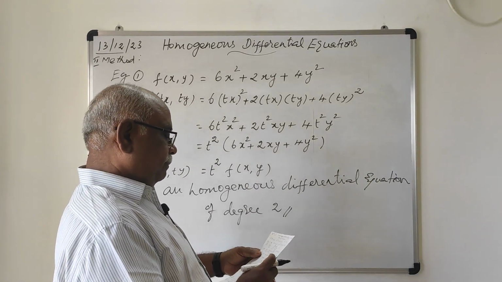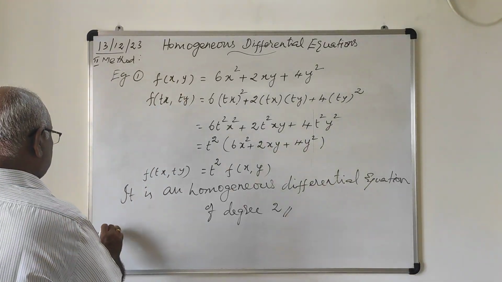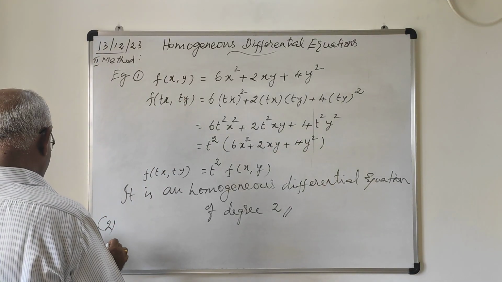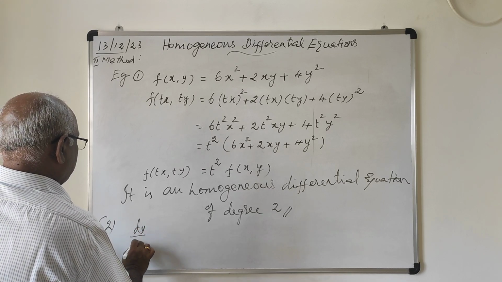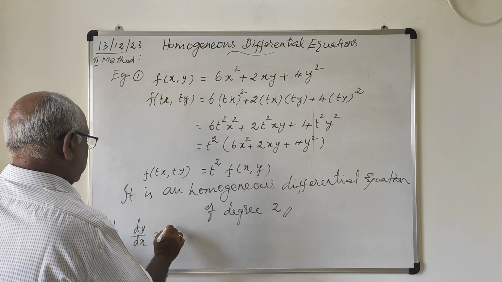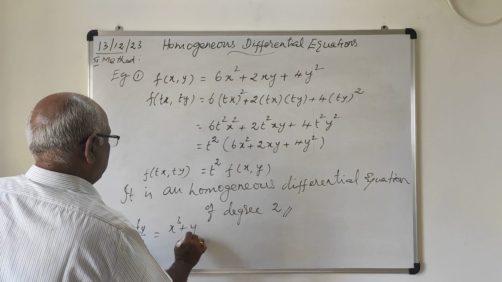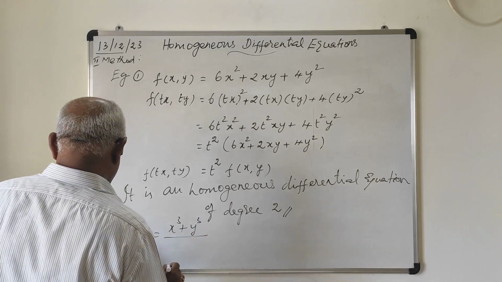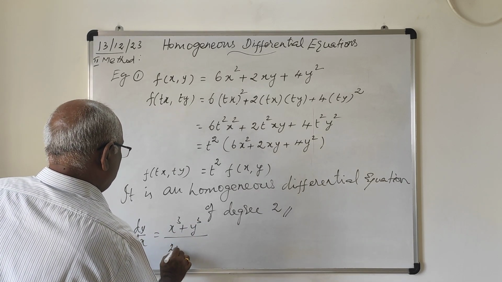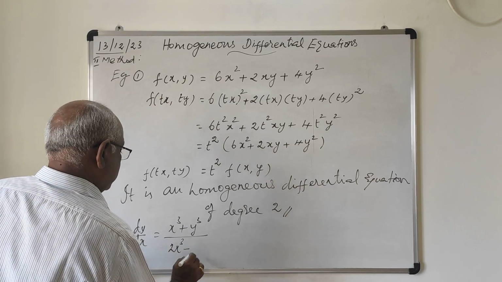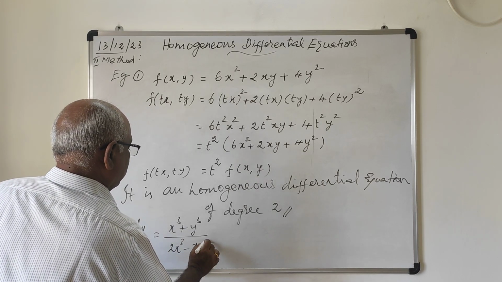Okay, one more example. Example number 2: dy by dx equal to x cube plus y cube by 2x cube minus xy square.